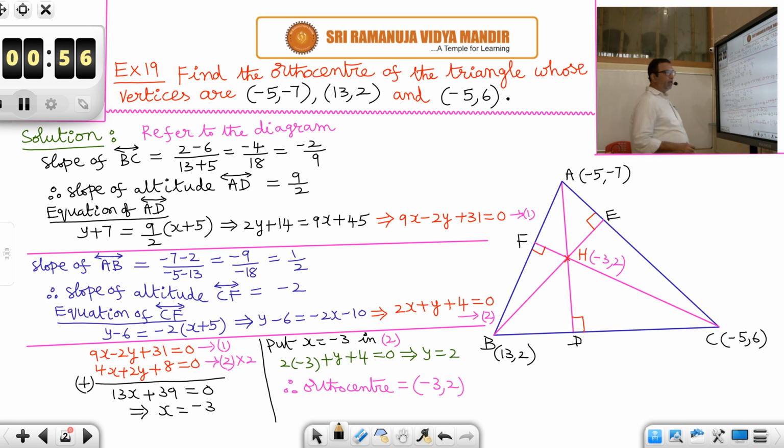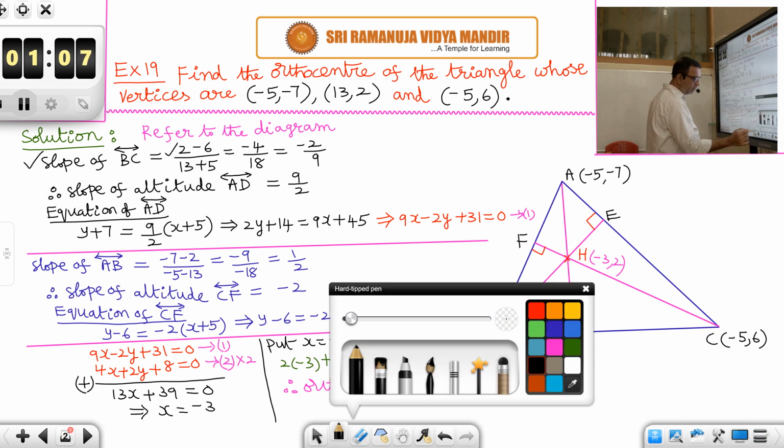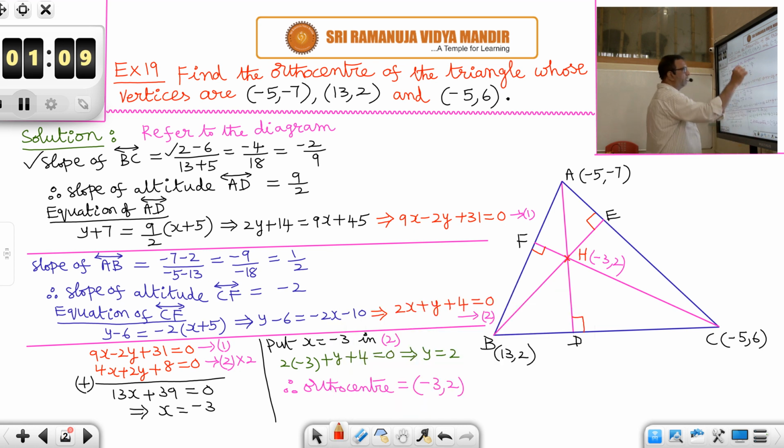To find altitude AD, first I have to find the slope of BC. Slope of BC is difference of y coordinates by difference of x coordinates. So you will get minus 2 by 9. So the slope of the altitude will be 9 by 2, so that these two are perpendicular to each other.